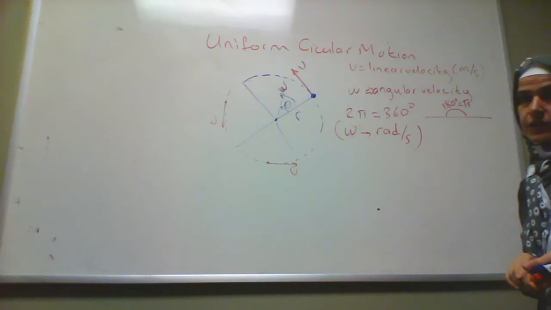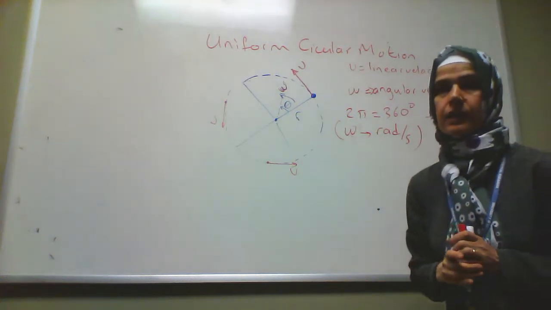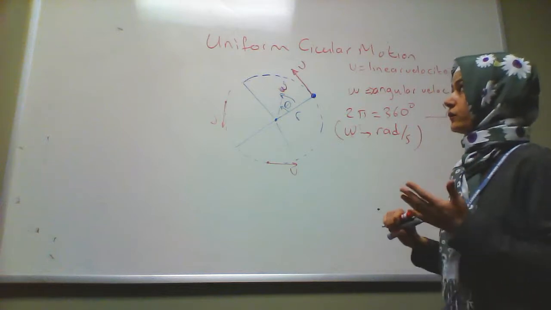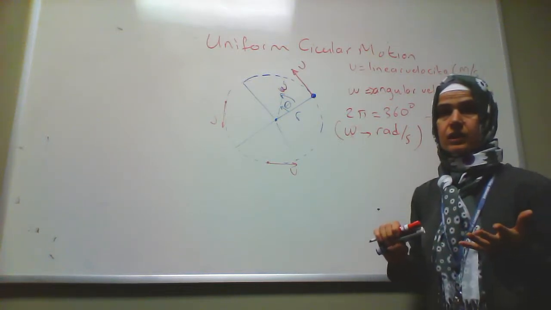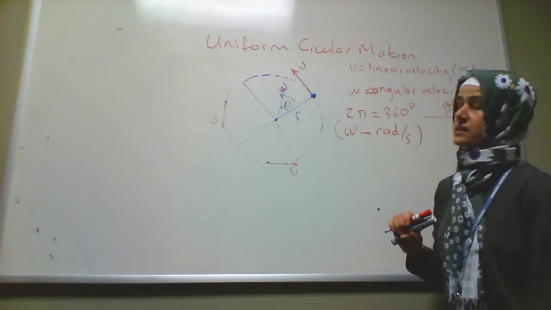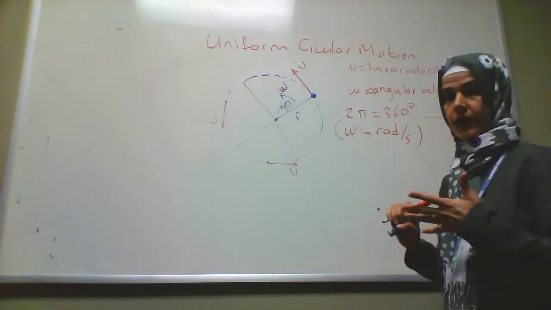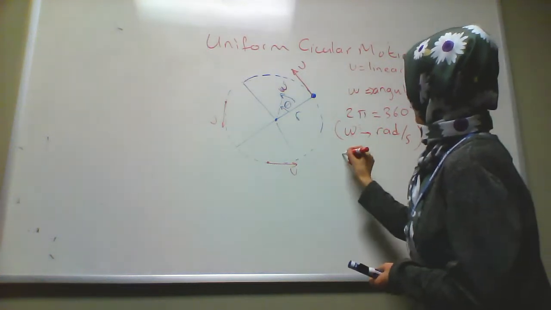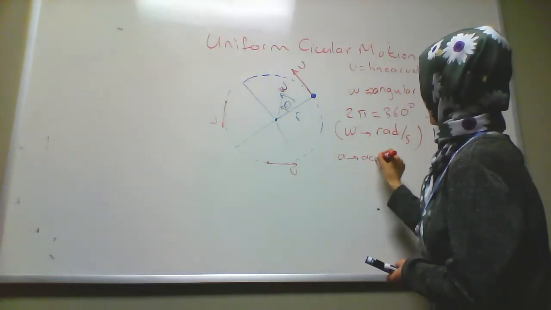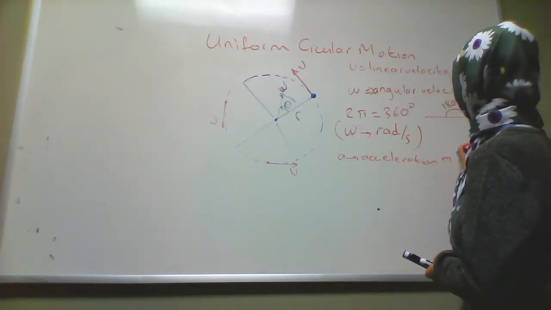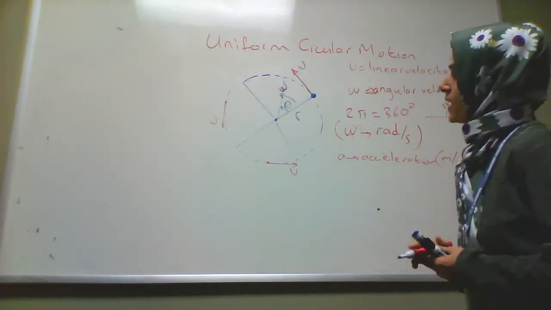We will also have acceleration. Now the first question that comes to our mind is, we have uniform circular motion. Uniform means the angular velocity and the linear velocity are constant. Why do we have acceleration? So we have acceleration, and the unit is meters per second squared as before.